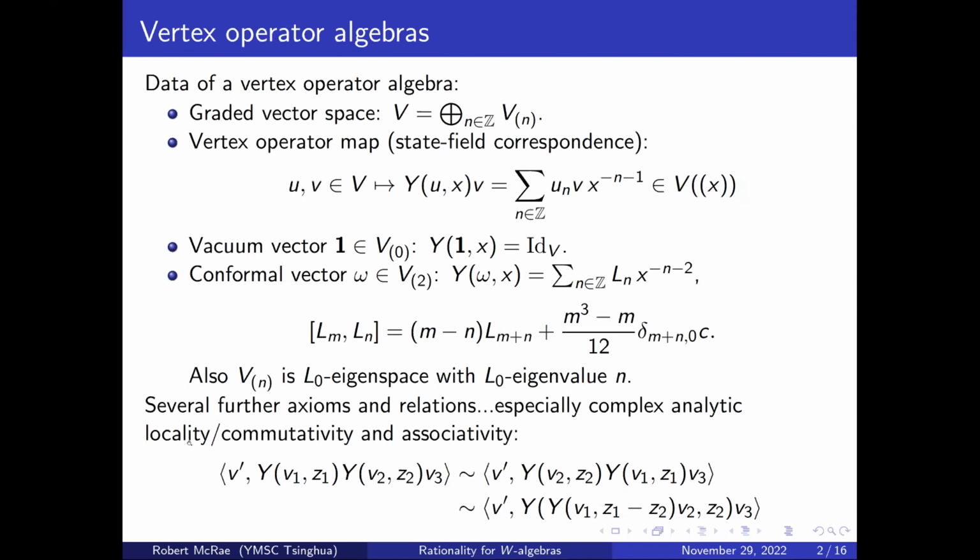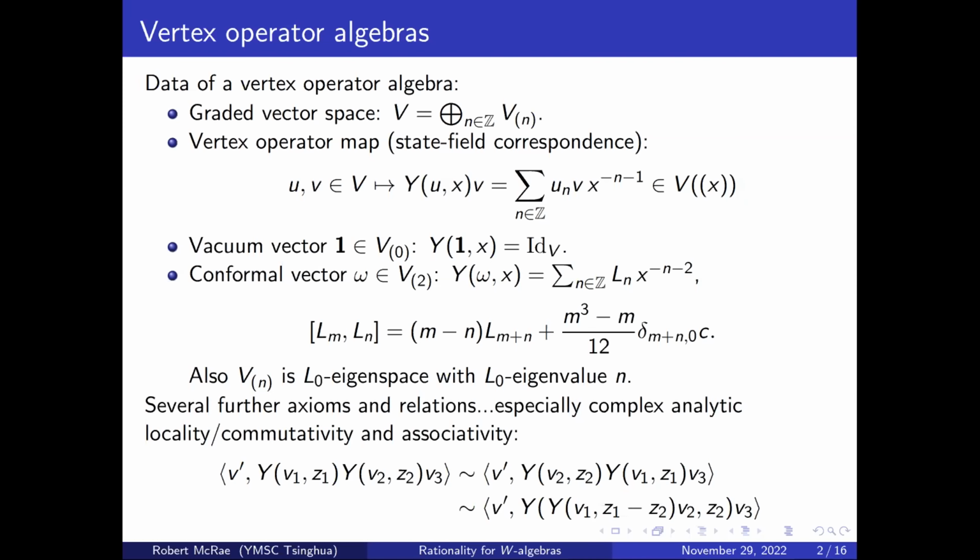The commutativity relation is also called locality, where if you compose vertex operators in different ways, and you interpret the formal variables as non-zero complex numbers living in certain domains, then you get certain series in powers of z1 and z2, which converge in certain regions to the same function. That's the meaning of the tilde, that they converge to analytic continuations of each other.